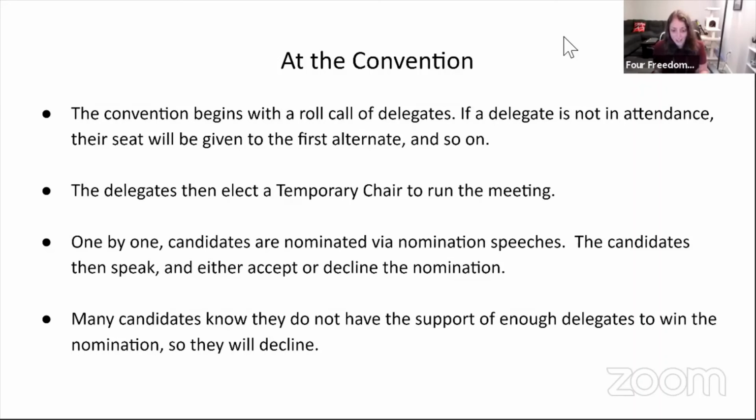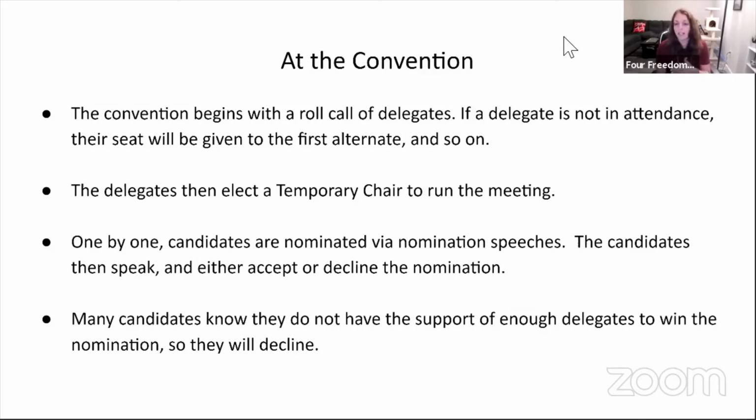Many candidates know they just don't have the support of enough delegates to get through that year. And so they will give a speech, they will thank everybody, and they will very politely decline the nomination. A lot of folks who are new to the process see this play out, and the word I've heard is staged. It all feels very rehearsed. To some degree, it is a little bit rehearsed in the sense that there is an agenda, there is an order of how the candidates speak.